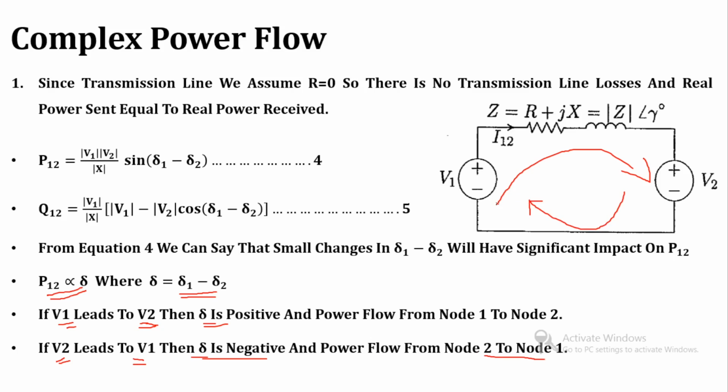But keep in mind that transmission line voltage and transmission line reactance are constant for this particular case, and in that condition we can only say that P12 is proportional to delta, or delta 1 minus delta 2.